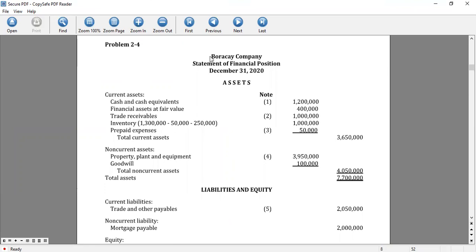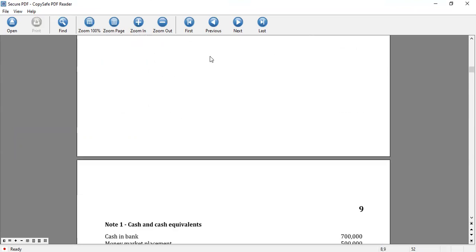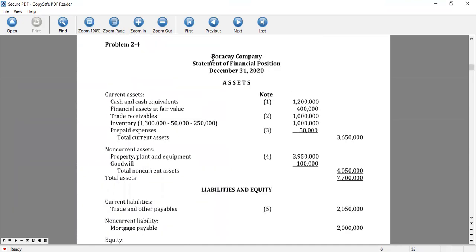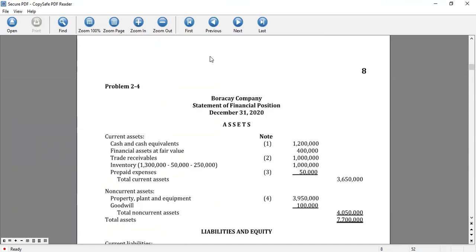Now, for trade receivables, we have note number 2, accounts receivable and notes receivable. In between cash and trade receivables, we have the financial assets at fair value. So the financial assets at fair value are supposed to be a short-term investment of 400,000.